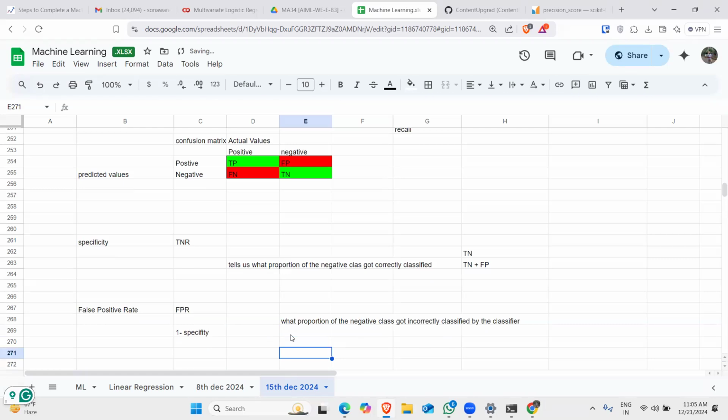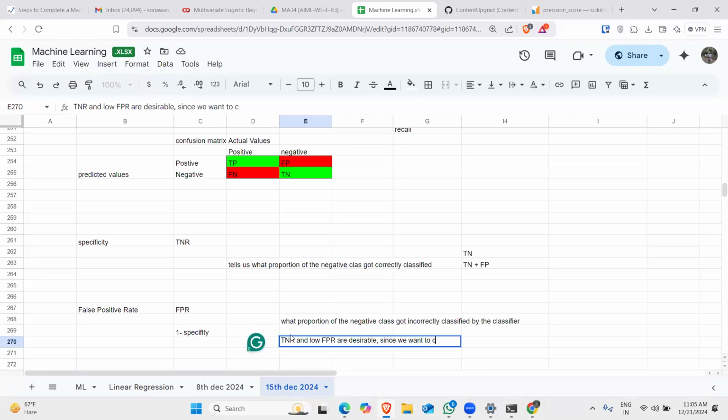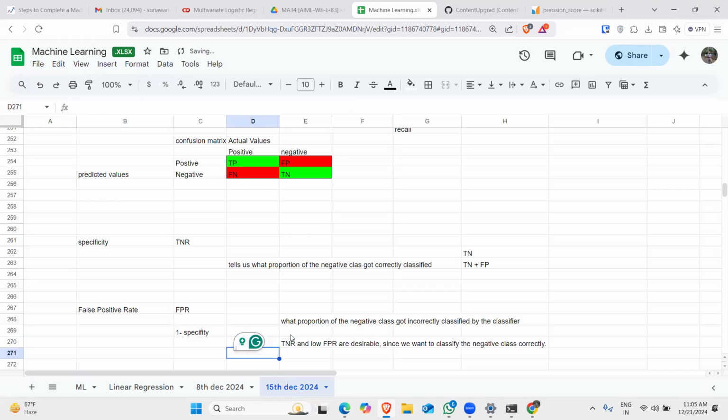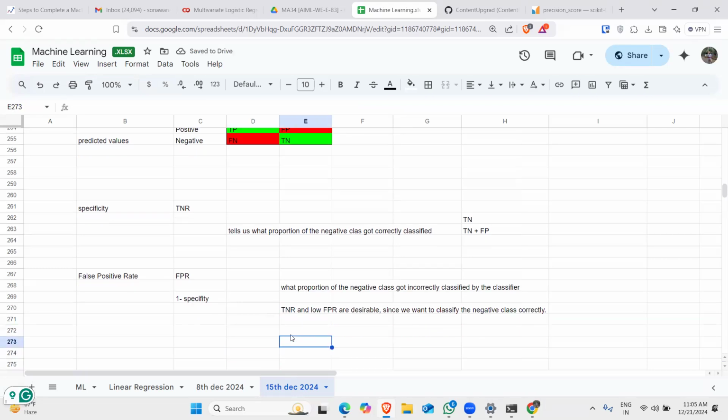So a higher true negative rate, TNR, and a low false positive rate are desirable, since we want to classify the negative class correctly.